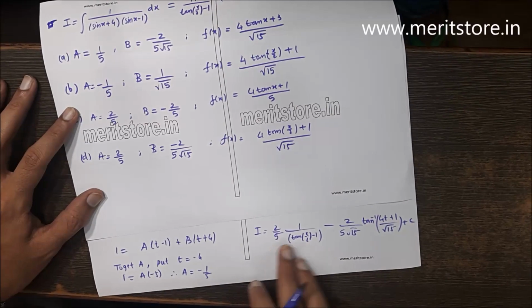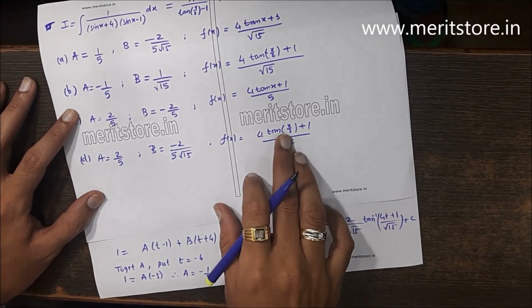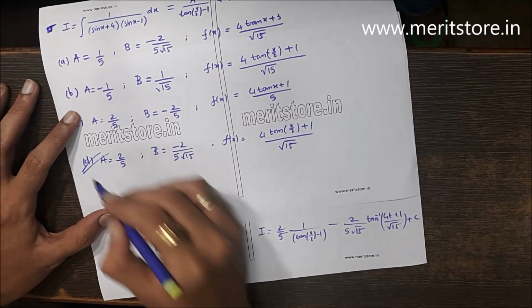We have 2 by 5 minus 2 by 5 root 15, and instead of t we have tan x by 2. So our answer is option D.